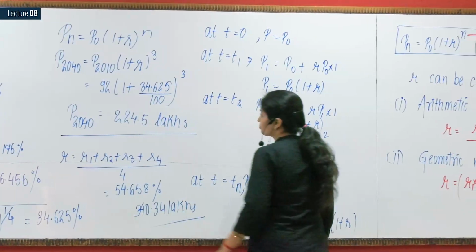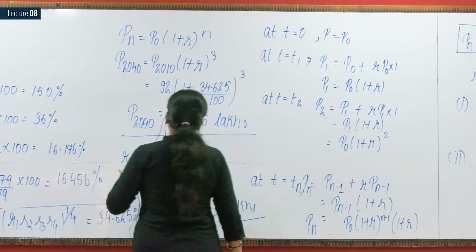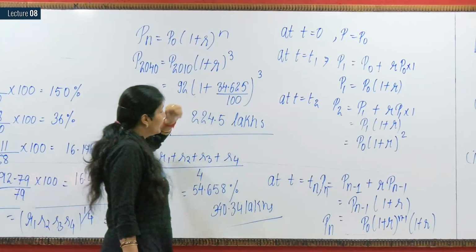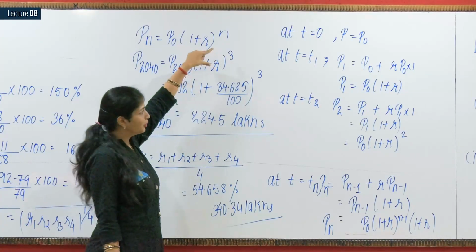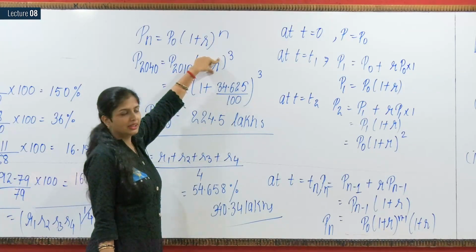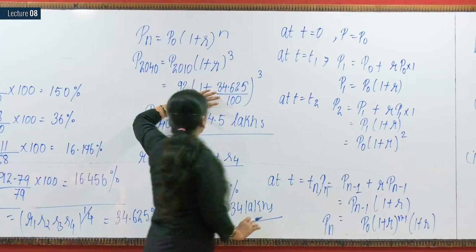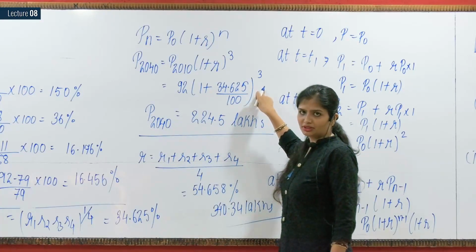Now one thing more. If you put this R value in percentage form, then you will divide it by 100, because here it is 1. And if you are putting 100 plus R, then you will put R in percentage.